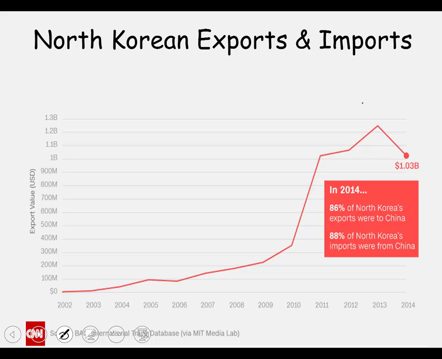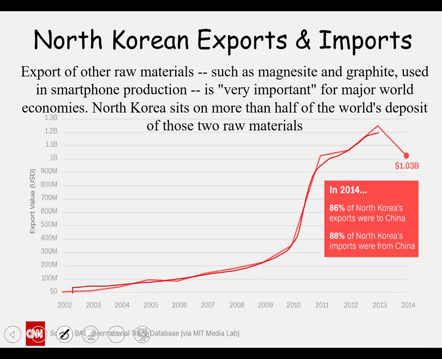North Korea has been exporting 86% of its exports to China, and 88% of North Korea's imports were from China. China threatened to cut off buying coal from North Korea, and they said, that's no problem.